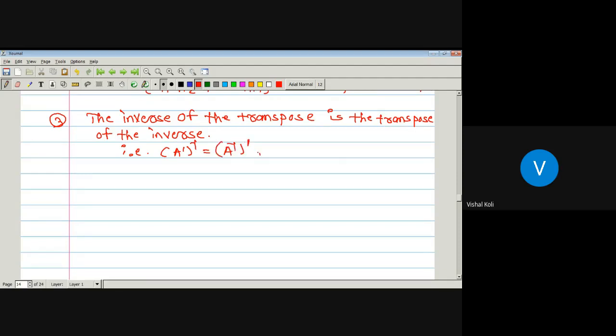Either we can take the transpose first and then find its inverse, or first find its inverse and then take the transpose. Both are the same, where A is a non-singular matrix. Only then is it possible that its inverse will exist.